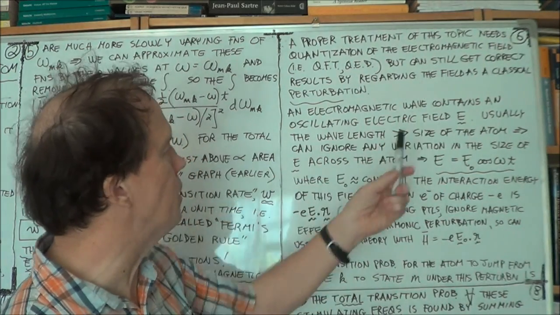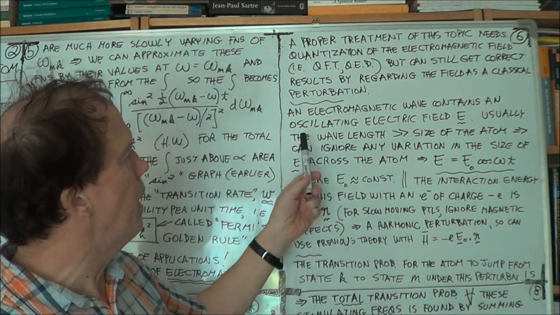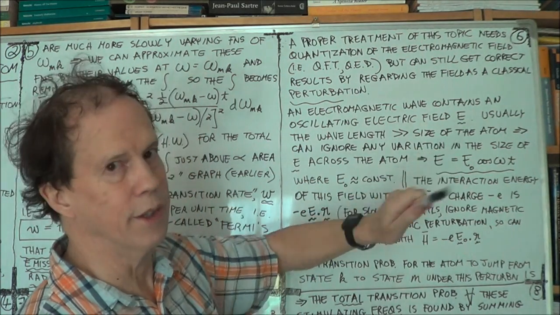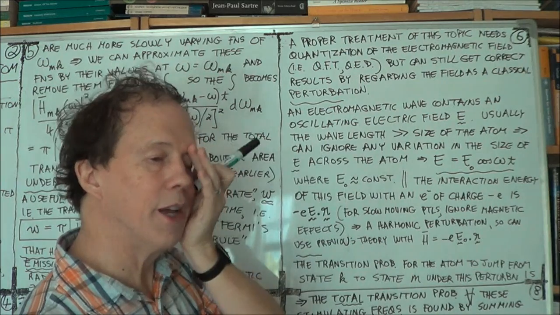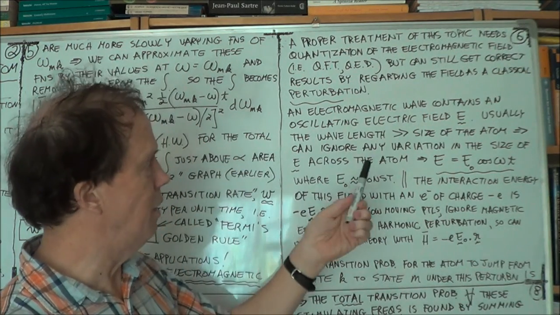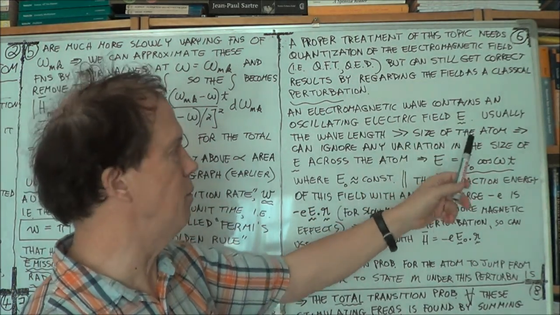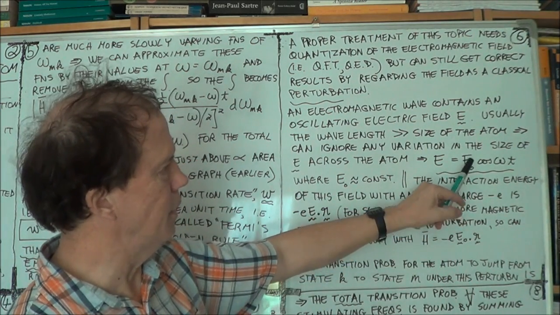Anyway, let's just concentrate on the electric field, and assume that the wavelength of this oscillating field is much larger than the size of the atom. So in other words, you don't have to worry about E varying over the size of the atom. You just effectively call it a constant. So let's just call it E naught.